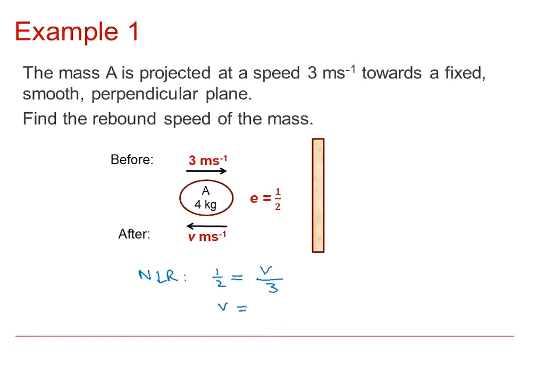So v equals 1.5 meters per second. And clearly, as well as being indicated on the diagram, this must be to the left. We cannot ever have the mass moving through the perpendicular plane.